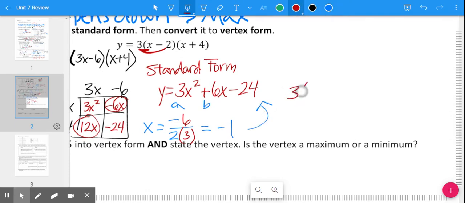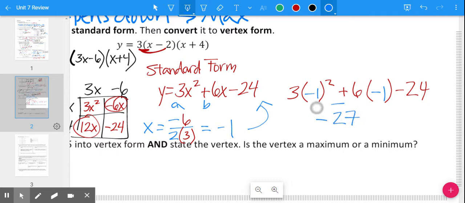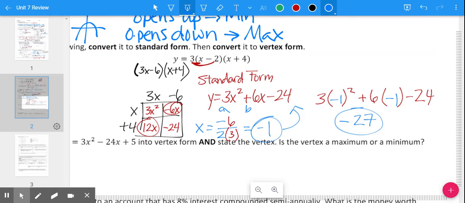So we have 3x squared plus 6x minus 24. Again, x is negative 1. So we end up with negative 27. Now that we have our vertex, negative 1, negative 27, we have an a value, that's 3, that we pull from your standard form.